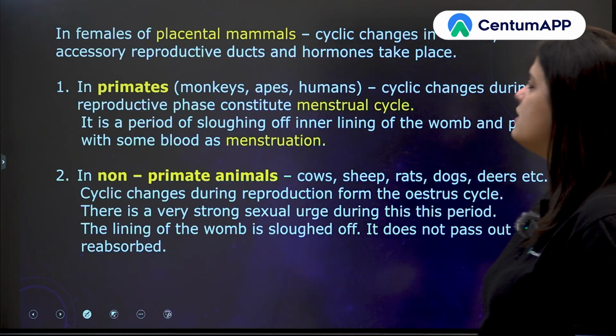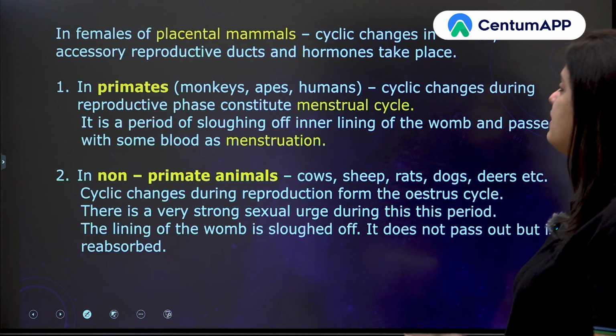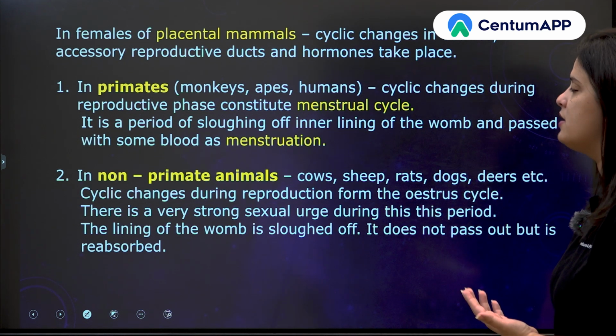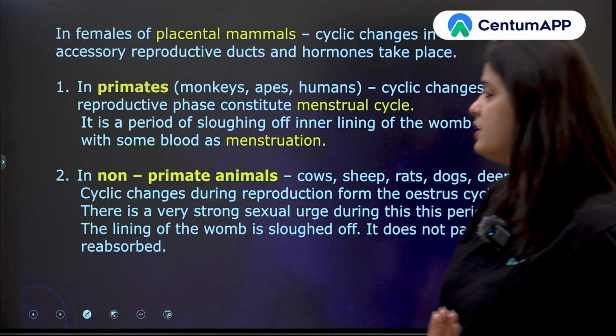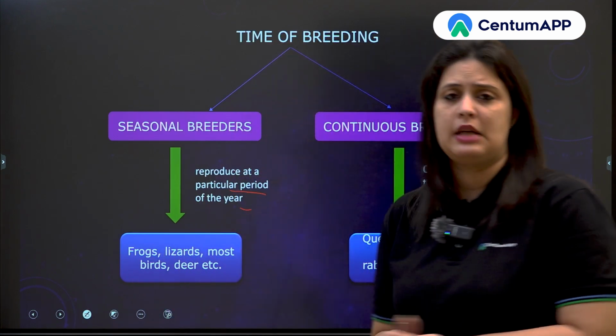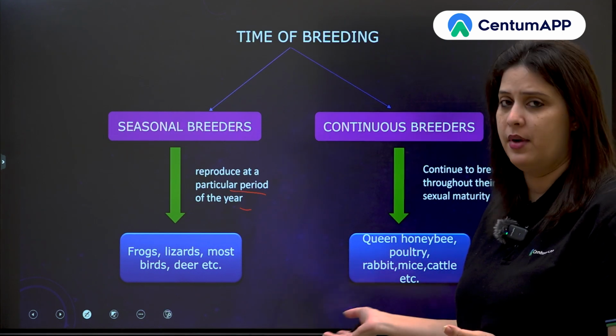So in females of placental mammals, and here we are talking about placental mammals, cyclic changes in ovaries and reproductive ducts along with hormones take place. When you talk about breeding time here, if you notice, humans do not come under this.